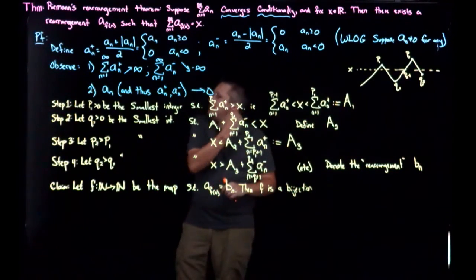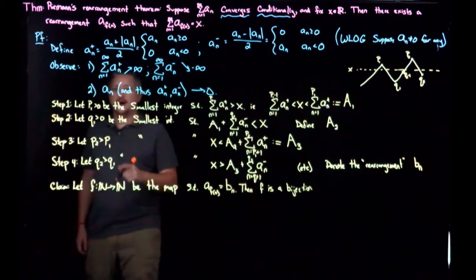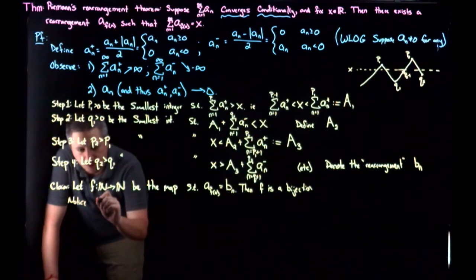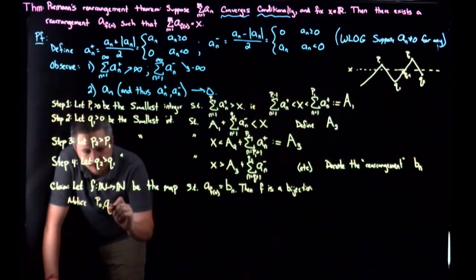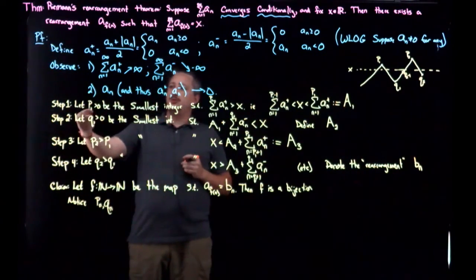So I'm going to sort of mostly explain, but show some of this. In particular, notice that both Pn and Qn are integers. P1 and Q1 are both strictly greater than 0, so they're at least 1, right?